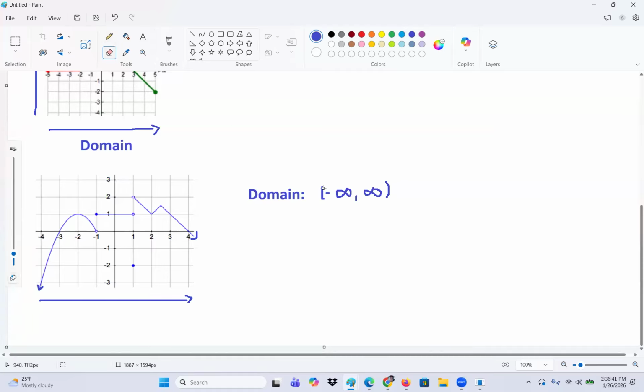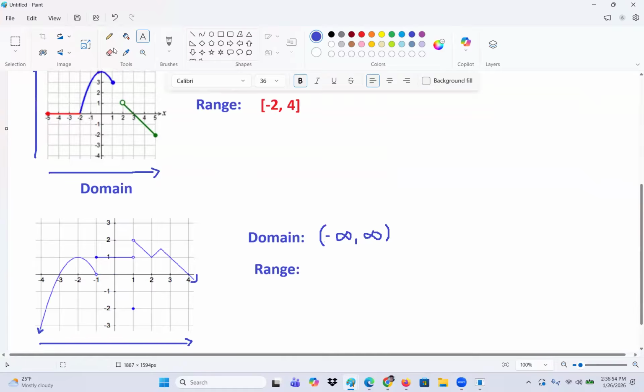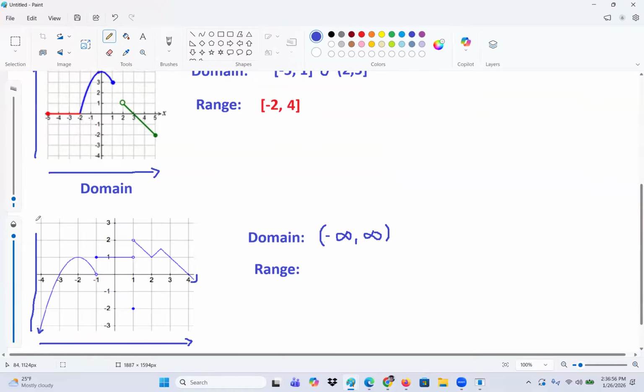When it comes to negative infinity, we can't use a bracket. We have to use parentheses. For the range, we do the same thing. For the range, we go from the bottom to the top.